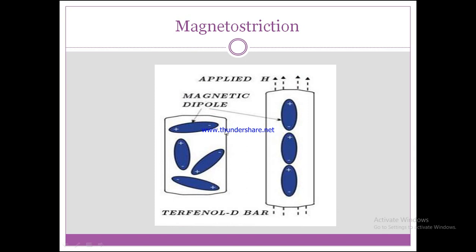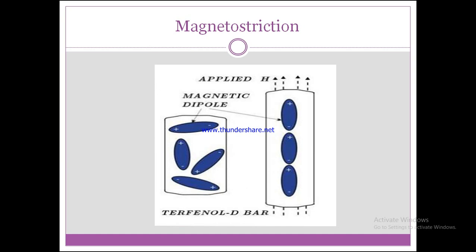Then the magnetic dipole directions are aligned in one particular direction when the magnetic field is applied to that material. Now this type of magnetostriction effect is available over here.